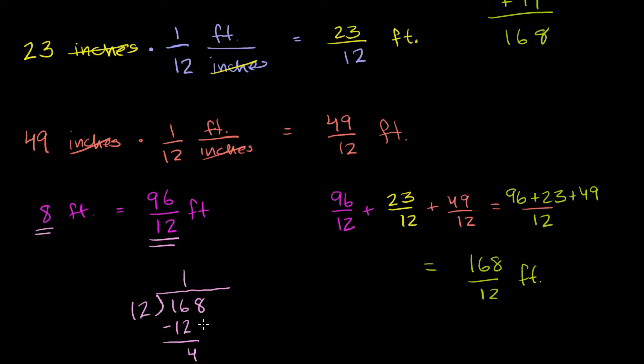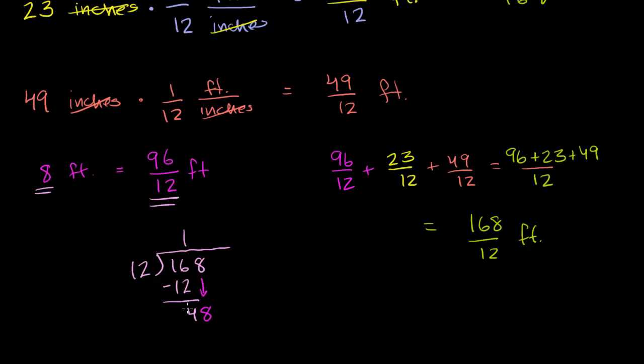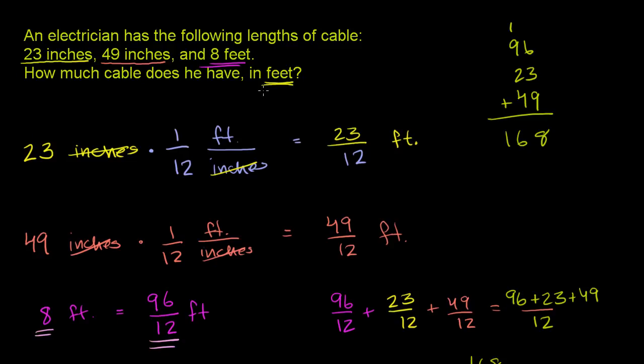Bring down the 8. 12 goes into 48 4 times. 4 times 12 is 48, and we have no remainder. So 168 over 12 is exactly 14. So this is exactly equal to 14 feet. So our electrician has exactly 14 feet of cable.